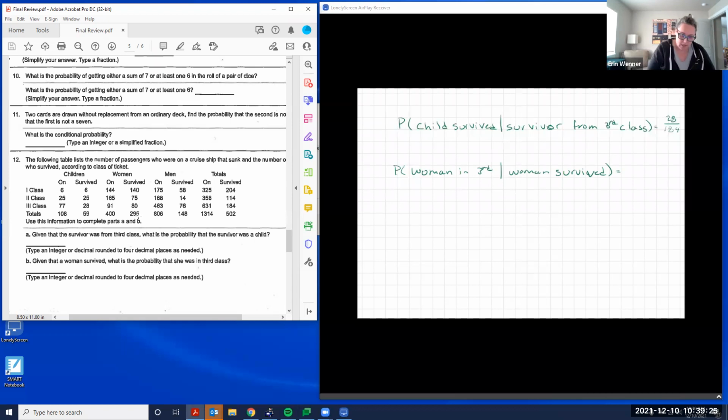So if we look at our table, how many women survived? Well, 295 women survived. How many of those were in third class? 80 of them. And so the probability the woman who survived was in third class is 80 out of 295.